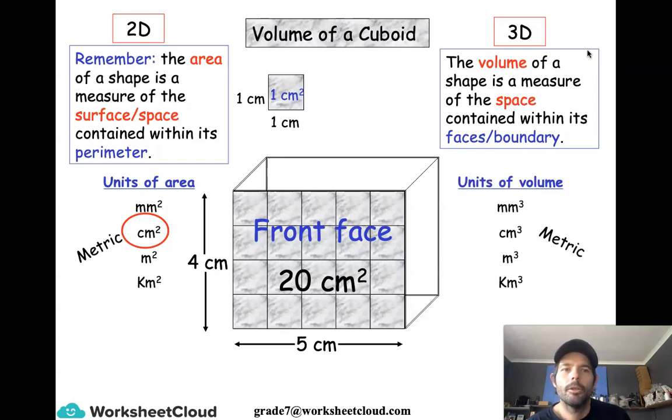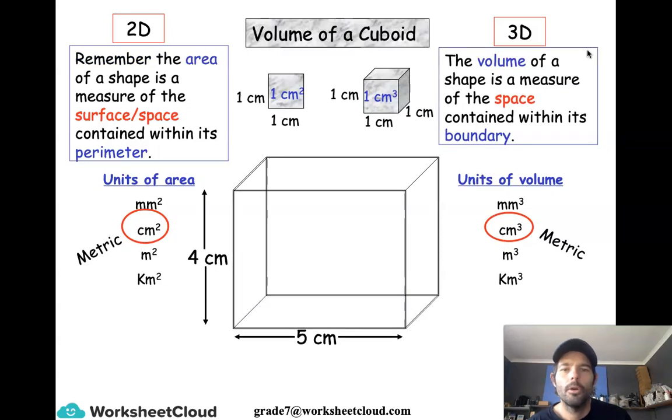All right. Units of volume are measured in cubes, so millimeter cube, centimeter cube, meter cube, kilometer cubed, okay? And that is what a cubic centimeter looks like. It's 1 centimeter times 1 centimeter times 1 centimeter. So notice that in area we're multiplying 2 dimensions, we get the answer in squares. For volume we're multiplying 3 dimensions together, so we have the answer in cubes. All right?